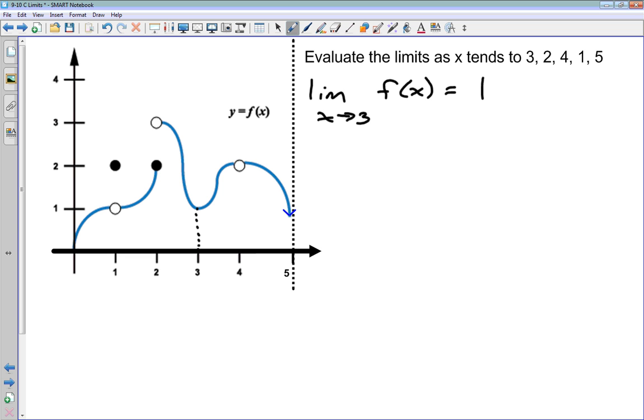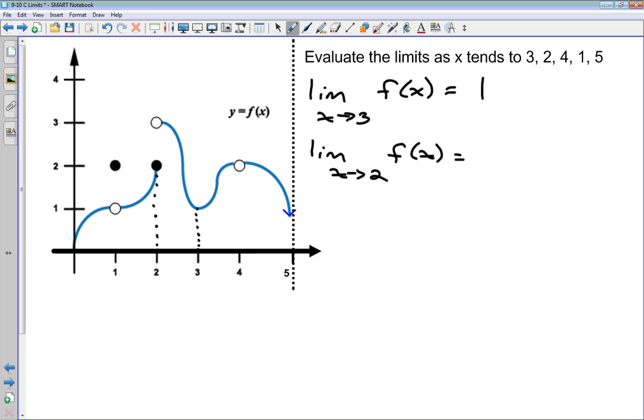What about the limit as x tends to 2 of our function? So now we're over here. Okay. Again, go to one side of x equals 2, the other side of x equals 2, follow the curve along. What do we see is happening as we approach from the left and from the right?